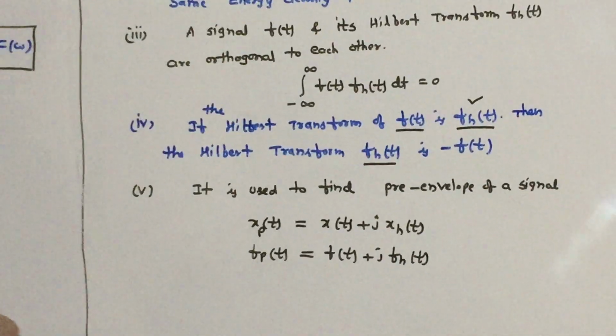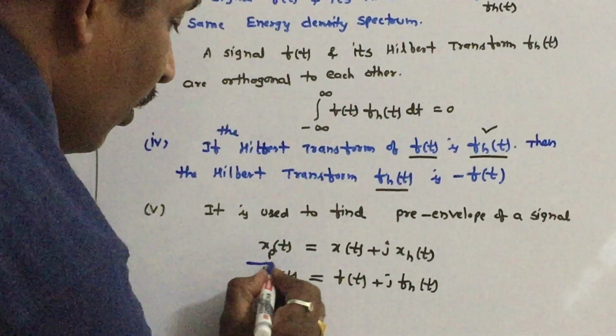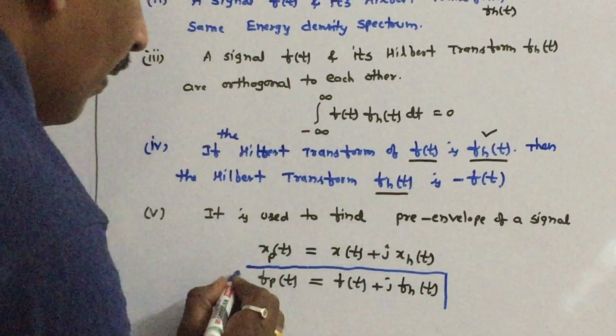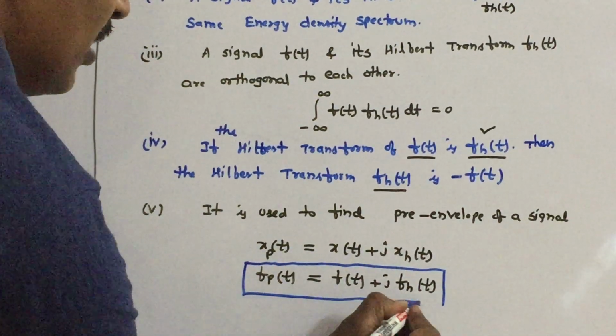This is another important formula for the communication subject. With this formula you can find the pre-envelope of a given signal.